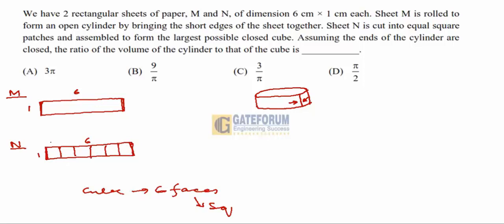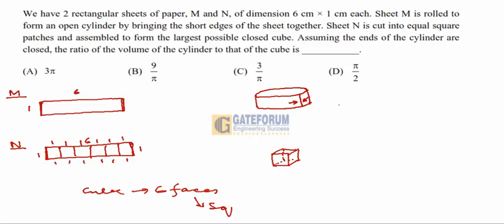If I divide it into 6 equal divisions, then each of these lengths will be 1, right? Because it was totally 6. And this also will be 1, right? Obviously, this was already 1. So you can see I have achieved 6 squares. And hence, I can form the cube out of those 6 squares. So this is the cube.